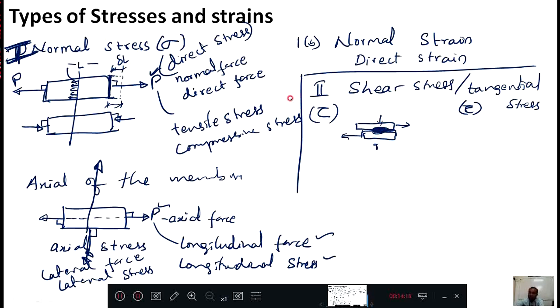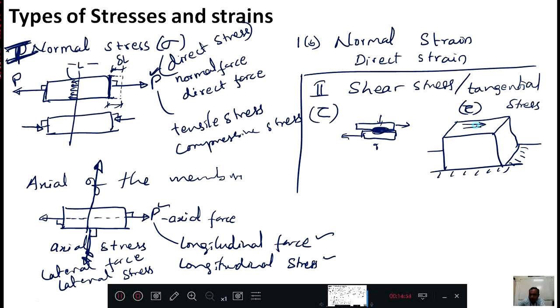Then how does it look? For a diagram, I fix one block at the bottom, with some cross-sectional area here.